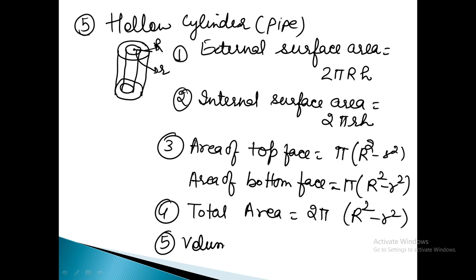Volume is equal to πh(R² − r²). Now the next formula is related to cone.